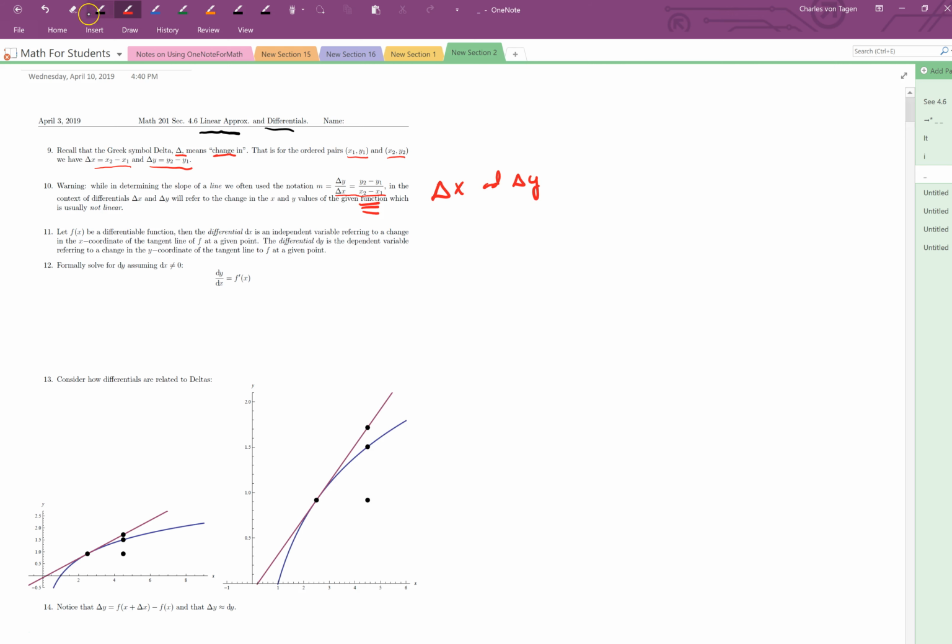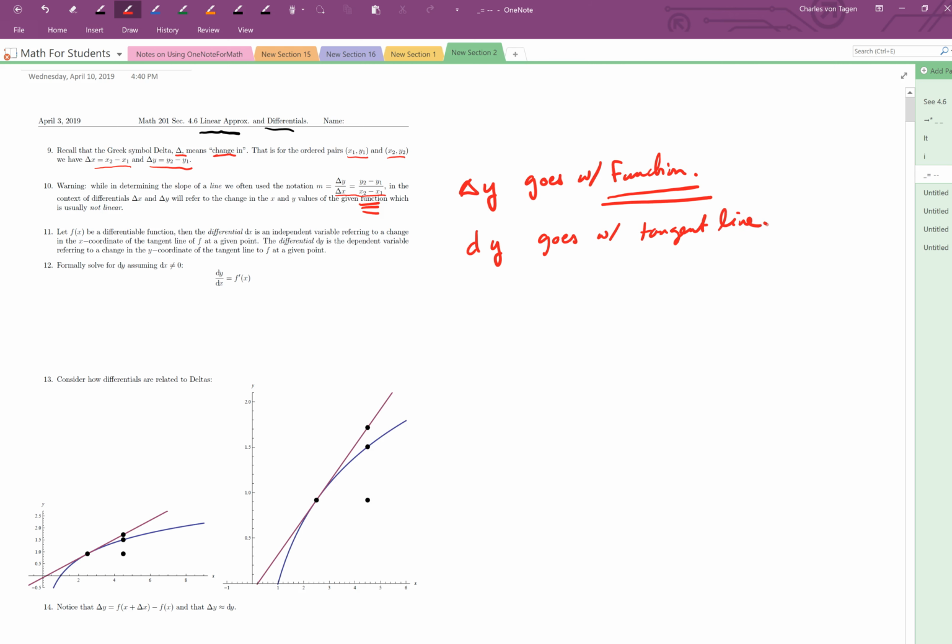Let me be just slightly more careful. Let me just say that delta y goes with the function, whereas what we'll talk about, the differential y goes with the tangent line. Okay. So that's a review of our delta notation.